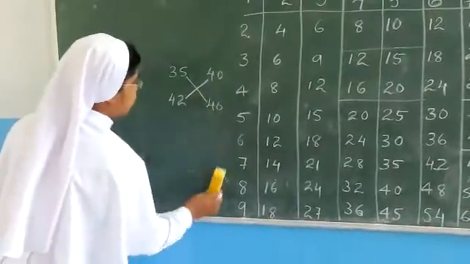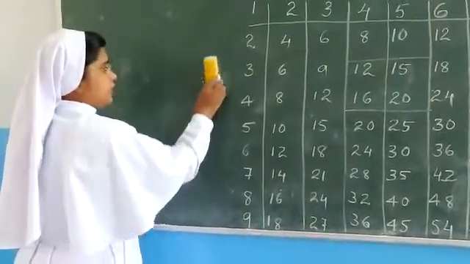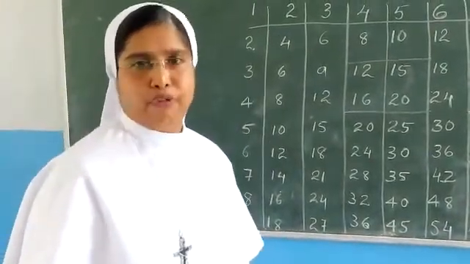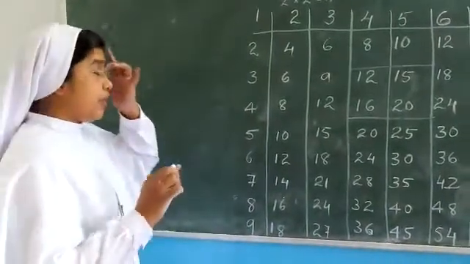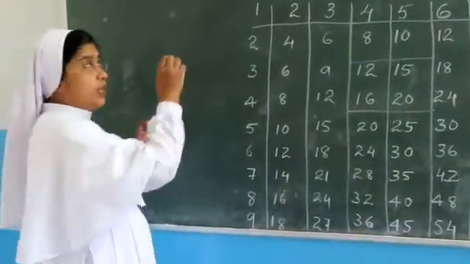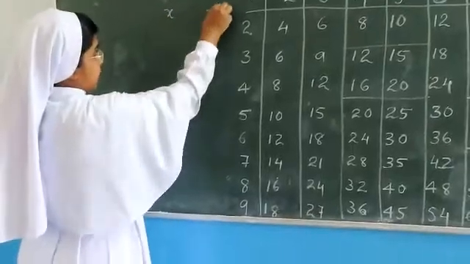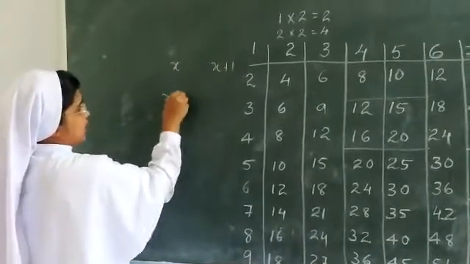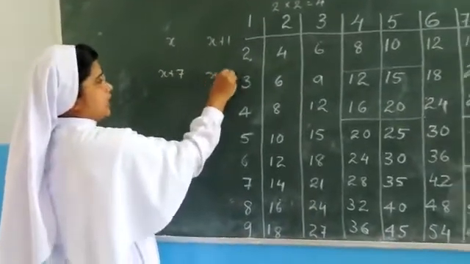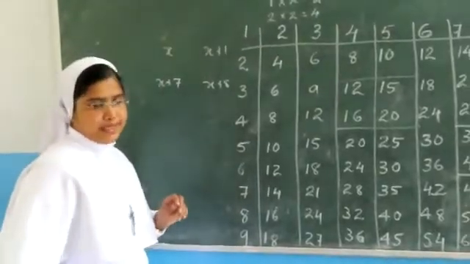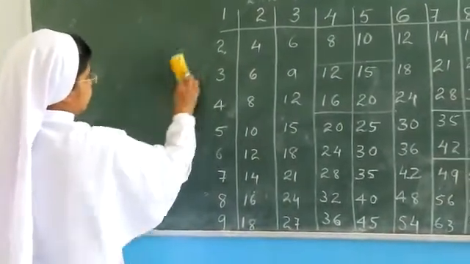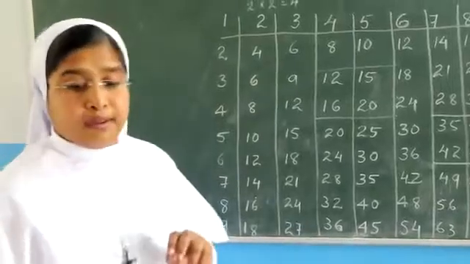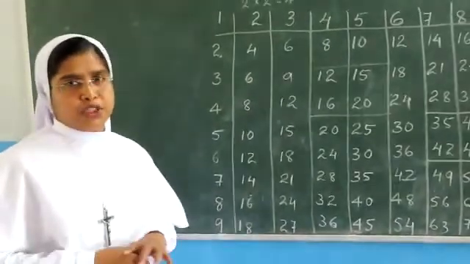Now let's see. We can make it a general principle or general equation in algebraic form. In the calendar we wrote x plus 1, x plus 7 and x plus 8. Do you remember? Same way here also we are going to make an equation in algebraic form.